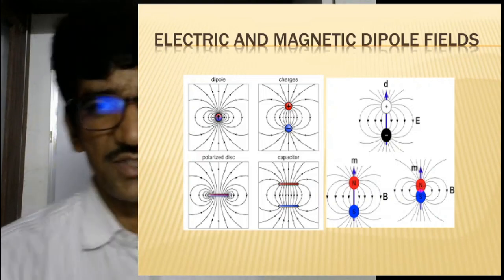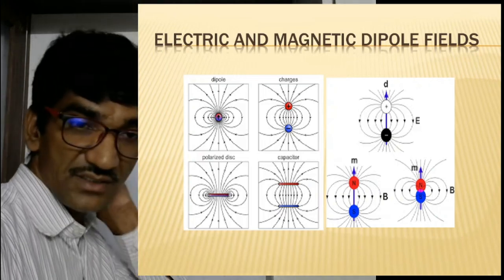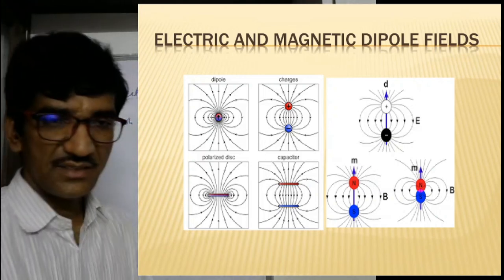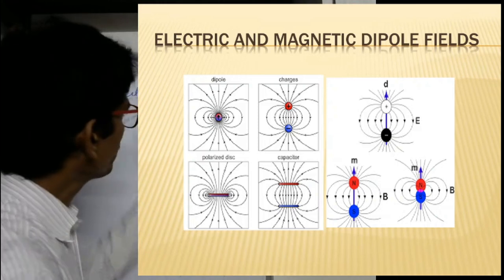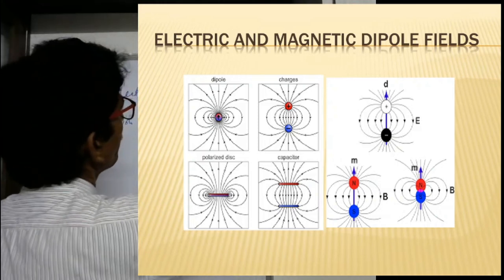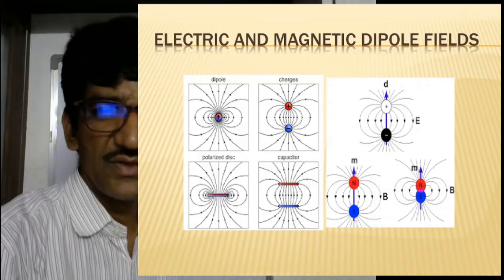This we can observe from this slide. That's why we take the direction of the electric dipole moment vector from negative to positive. This is the direction of P.